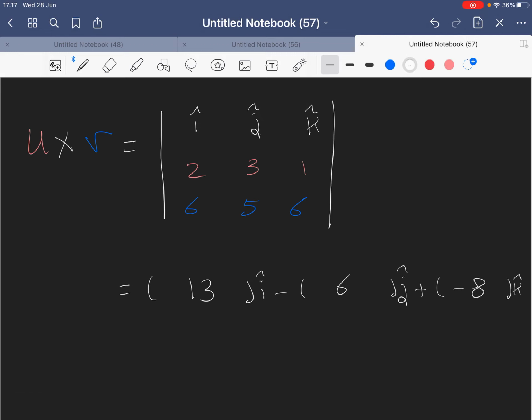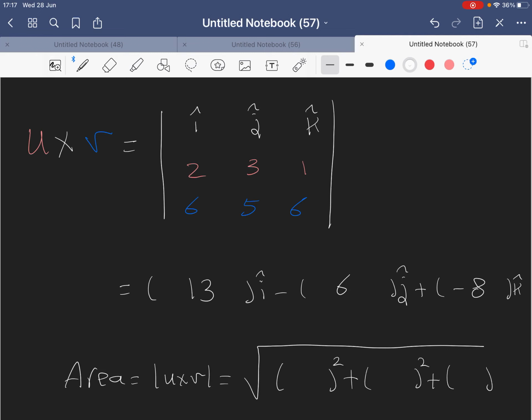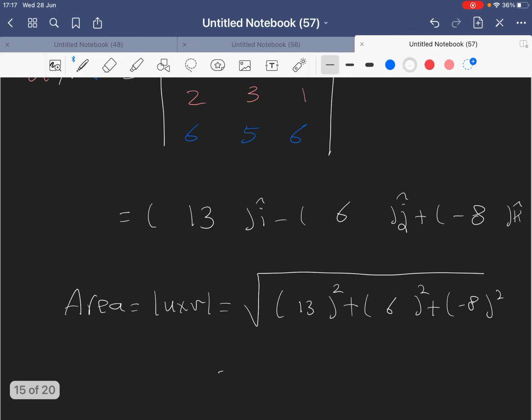Now, in order to find the area, all we need to do is find the magnitude of u cross v, which is the square root of the squares of the coordinates. So it will be 13 squared, 6 squared, minus 8 squared, and that will end up with the number 269.